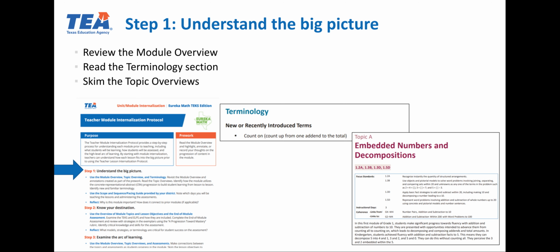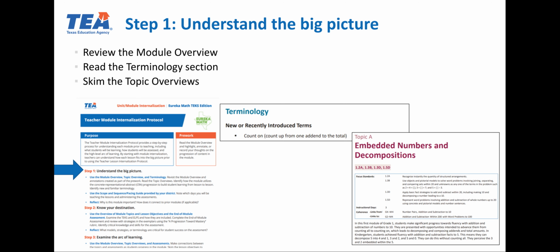When I completed step 1, I used the module overview primarily. I annotated and highlighted a lot, but I also looked at terminology and the topic overviews to answer the question, why is this important? Sometimes I look at the module titles in the grade as a whole. For example, in first grade, I see in Module 1, they add and subtract within 10. And then in later modules, they add and subtract within 20, and 40, and then 100.